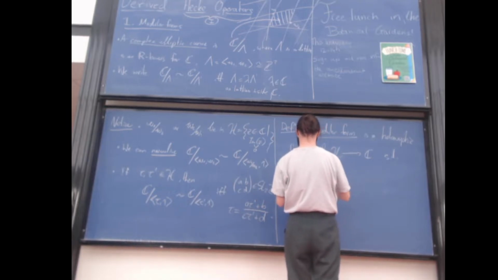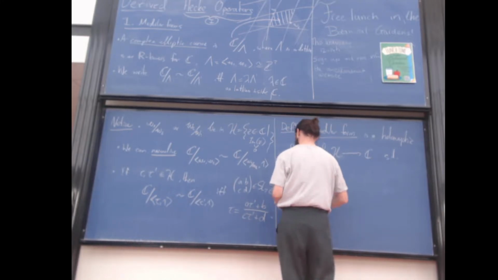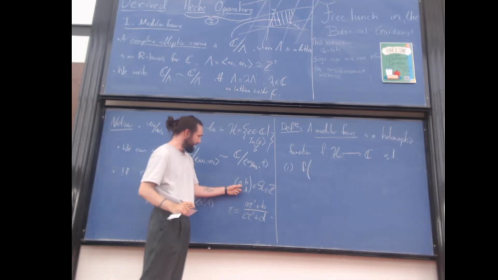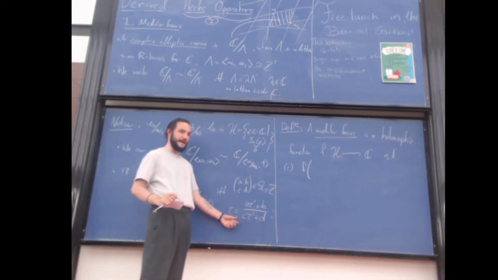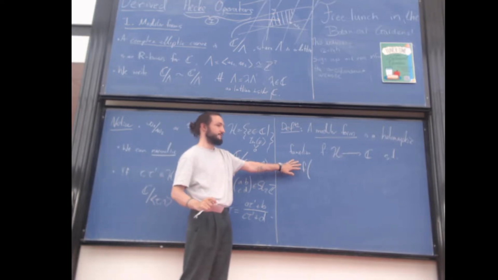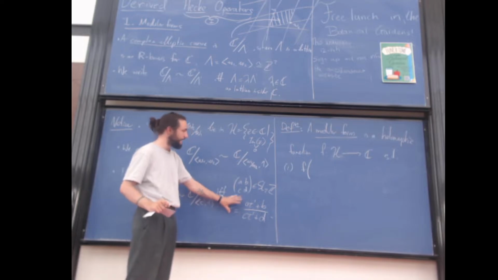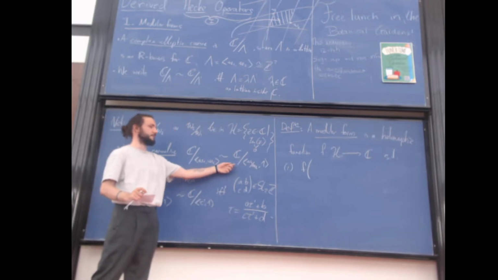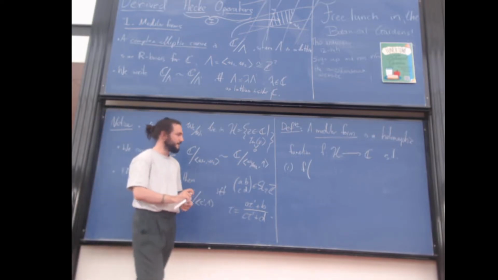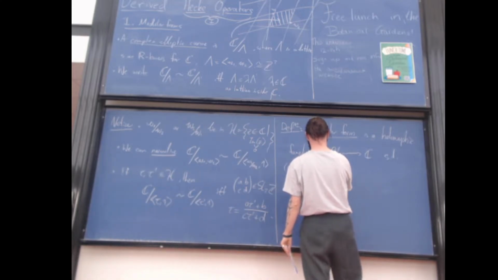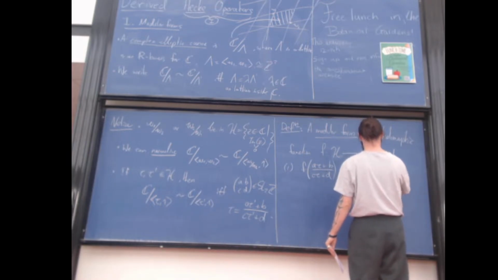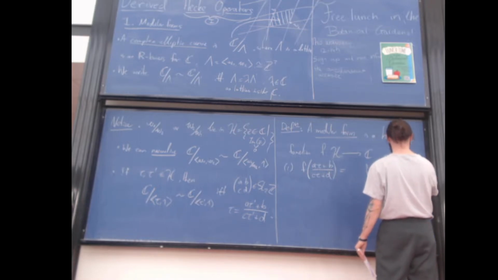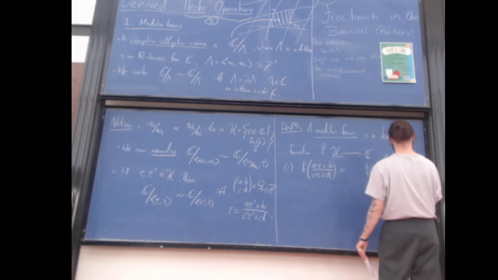The first one is that if we change our tau by one of these elements in SL2Z, we apply this Möbius transformation to tau, we would like our function to be invariant under that transformation, because we would like our function to be invariant with respect to equivalences of elliptic curves. So we're going to say something like this: f of (a tau plus b) divided by (c tau plus d) I want this to be equal to f of tau. And this is for all, again, these a, b, c, d's in SL2Z.